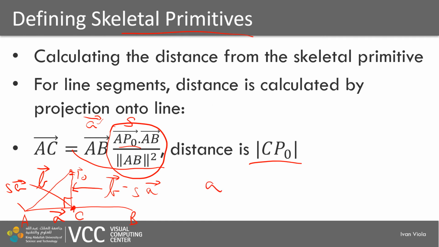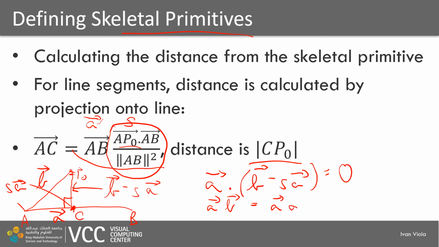So let's write that A vector dot product with B minus SA equals, what does it equal if these two vectors are perpendicular? Well, it equals 0. From that, we can see that A dot B equals A dot A times S. And from this, S equals A dot B divided by A dot A. And now let's have a look here.